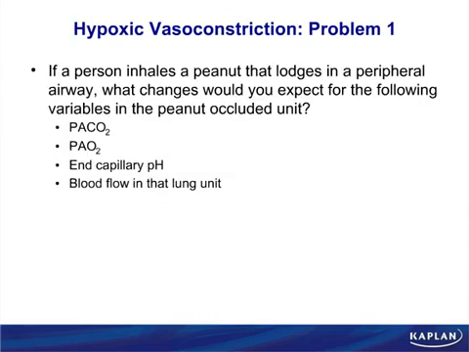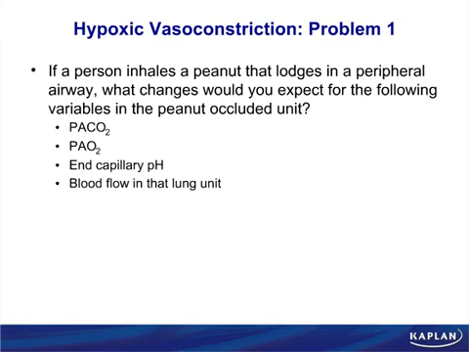Another example of working with VQ, let's say we have a person who inhales a peanut. This peanut lodges in a peripheral airway. Ouch, yeah, that would hurt. But the point is, it's going to block ventilation. And if I block ventilation and I still have blood flow, that creates a, hopefully you can say, shunt. Exactly.